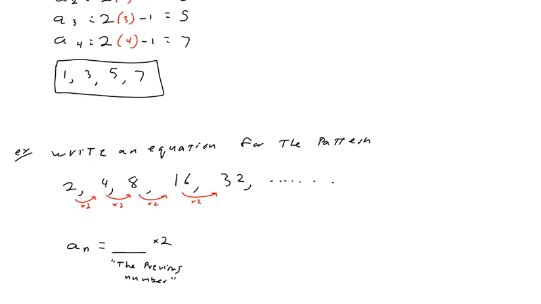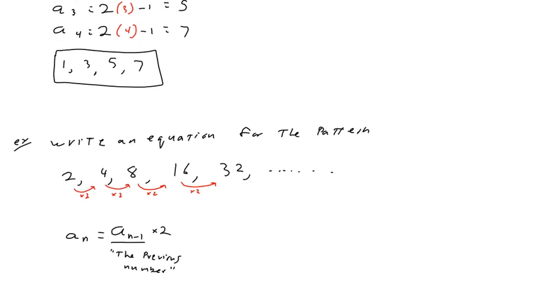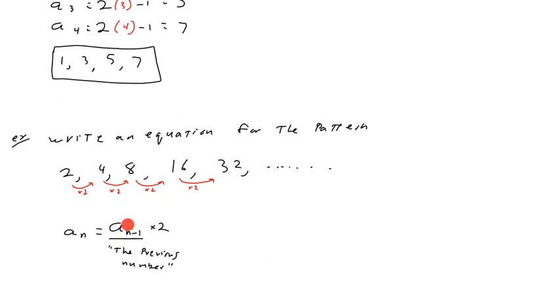So to describe the previous number in sequences, in patterns, we can say a sub n minus 1. That is a way to describe the previous number. If I'm on the 10th number, I take 10 minus 1 is 9. I take my previous number and multiply it by 2. If I want the 10th number, I take the 9th number and multiply it by 2. If I want the 7th number, I take the 6th number. n minus 1 is 7, 7 minus 1 is 6.